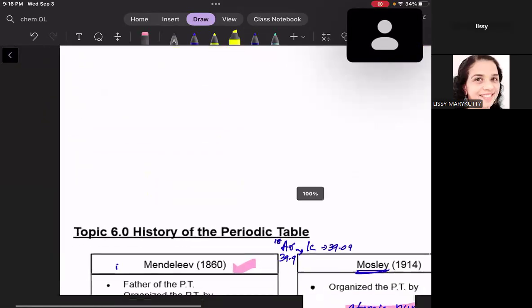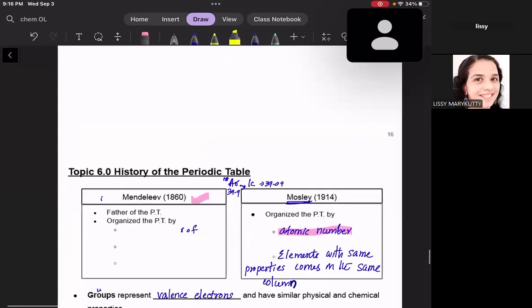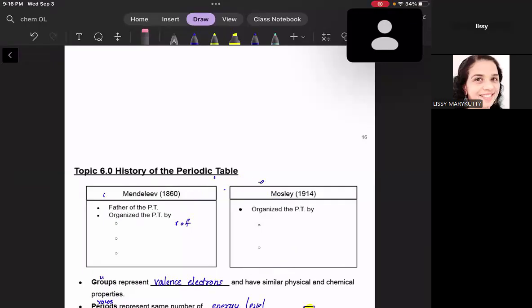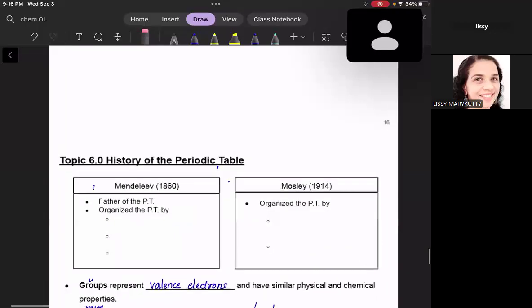Okay, now we are going to do periodic table classification. So the periodic table you are using right now was developed by many scientists.